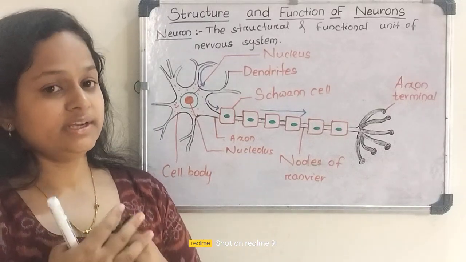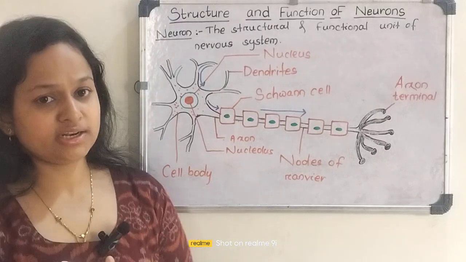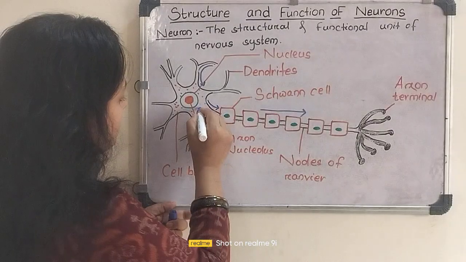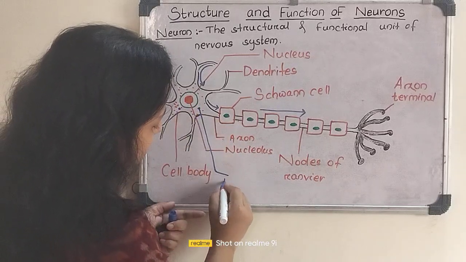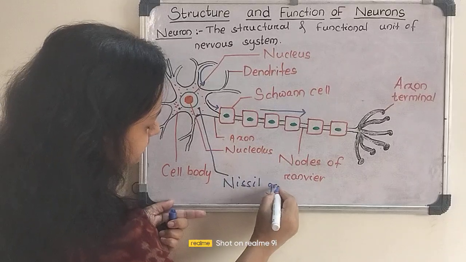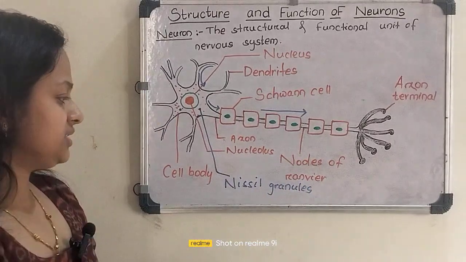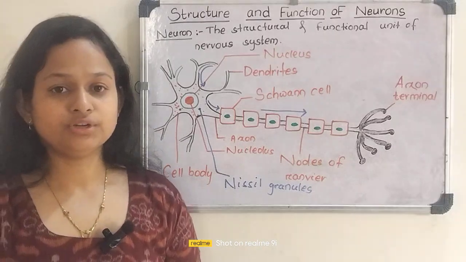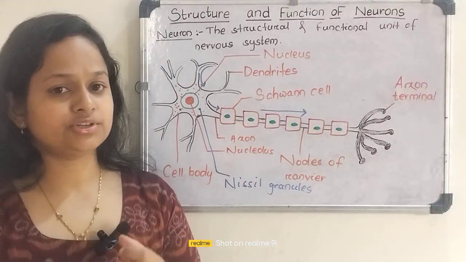And here the ribosome is present in the form of Nissl granules. So these are the Nissl granules. And as we know, the function of ribosome is the formation or production of protein.